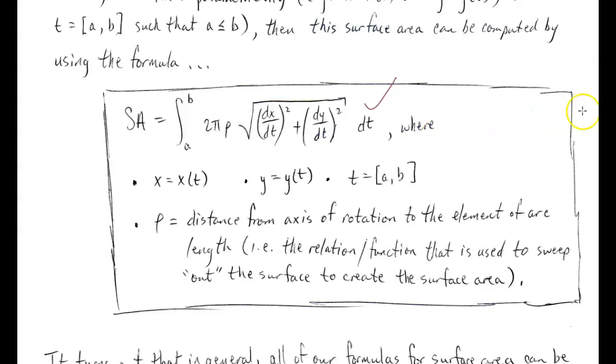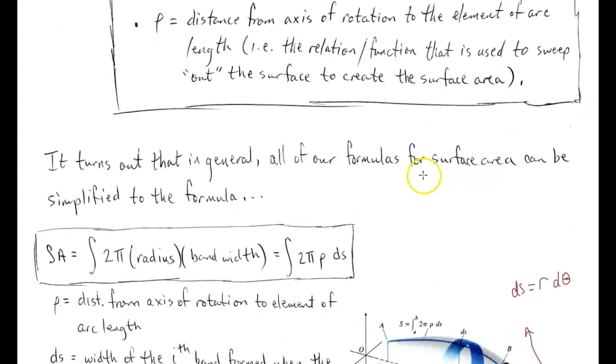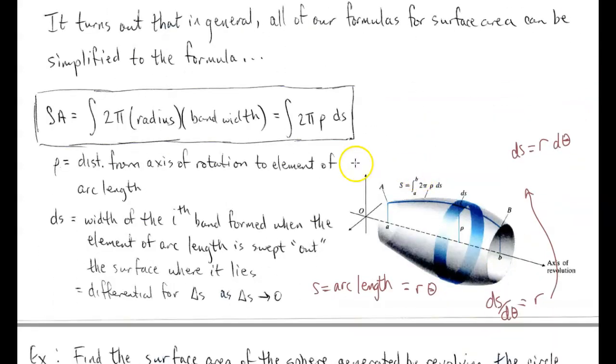Now, if you conceptually know more of, hey, I have a way to characterize the bandwidth of this small band here, and I know the radius, but I don't necessarily know the actual functions x of t and y of t, then you can use this form of the surface area, okay? So it's two different approaches to accomplish the same goal. So we're going to go ahead and look at this next example to see how this might work.